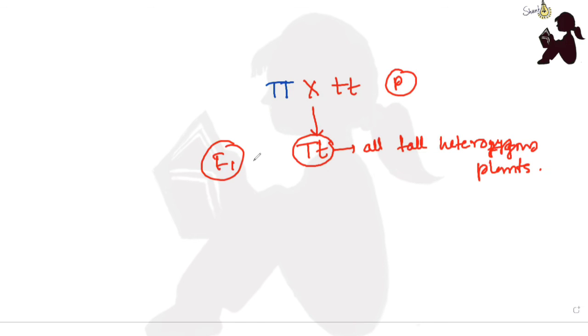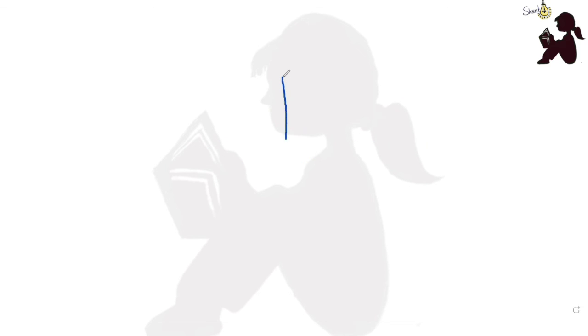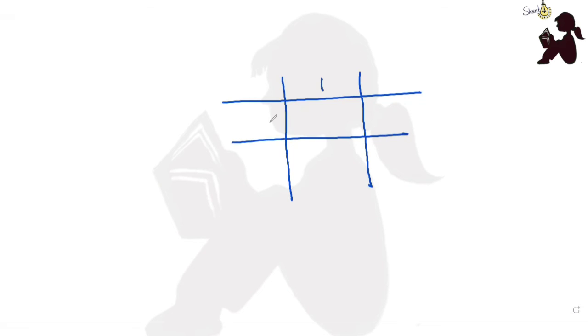Now he conducted the cross between the capital T small t of the F1 generation and the small t small t of the parent generation. So for this, the cross will be here the capital T small t from the F1 generation, and small t from the parent generation.